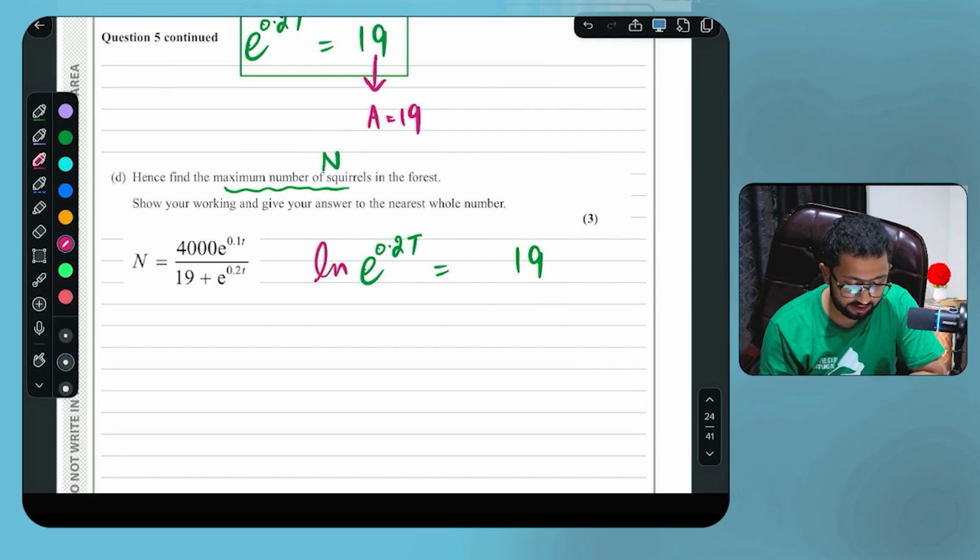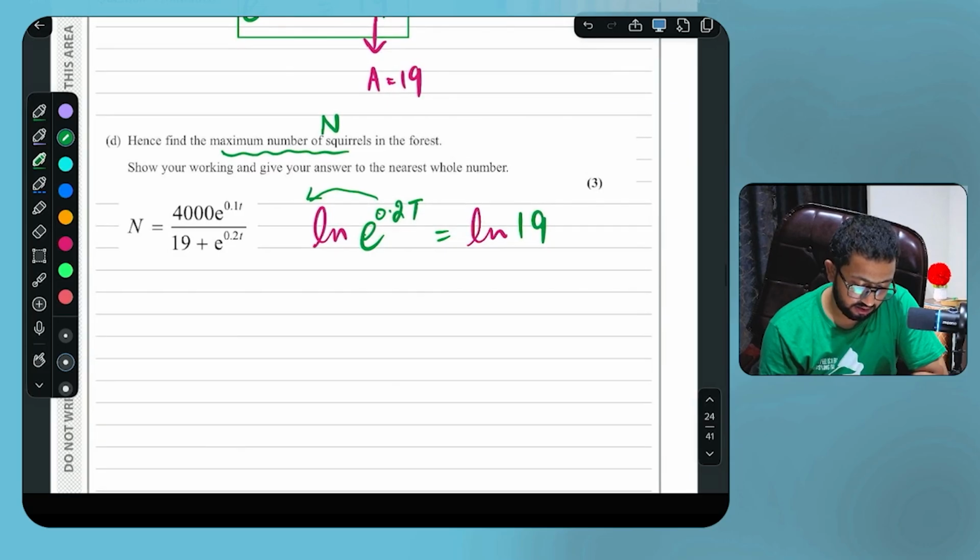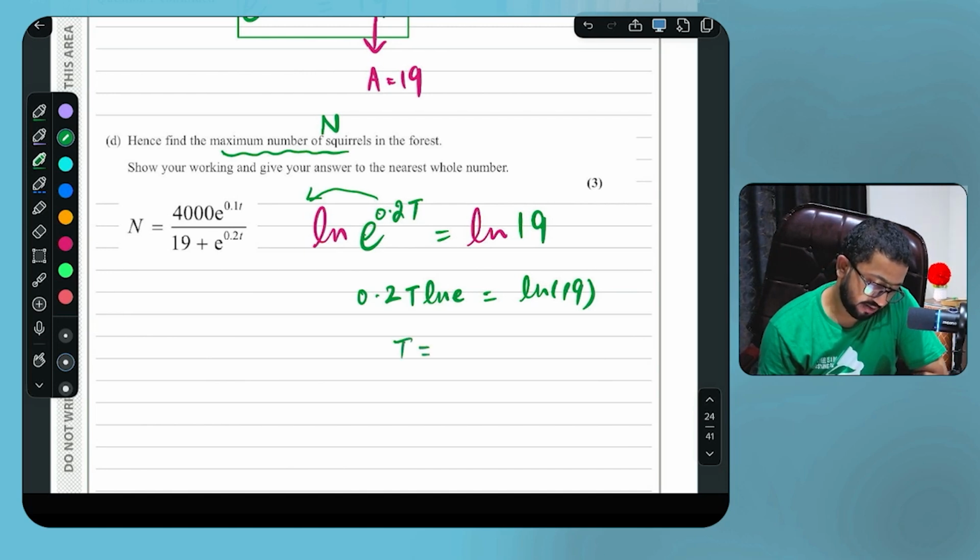Take ln on both sides, because the base is e. Shift 0.2t. So t will become ln 19 divided by 0.2.